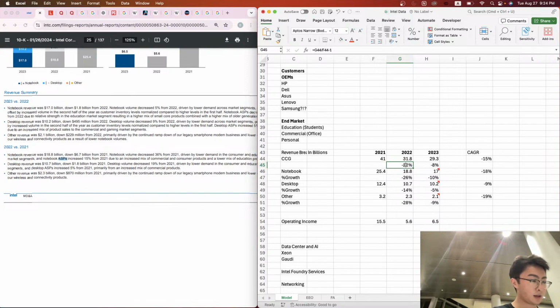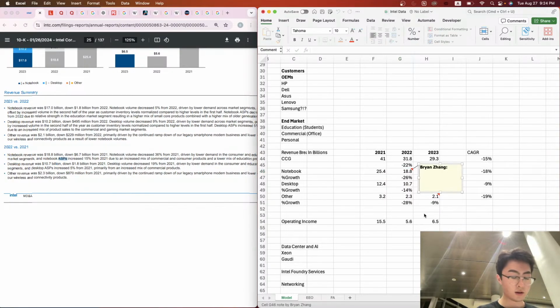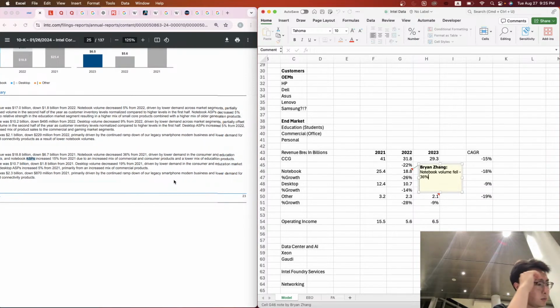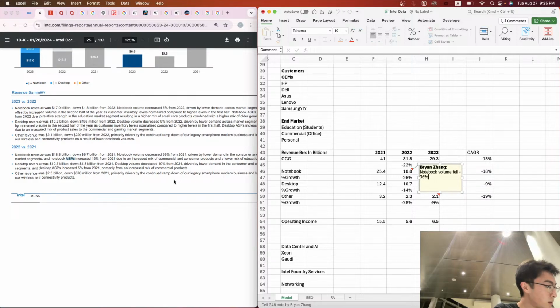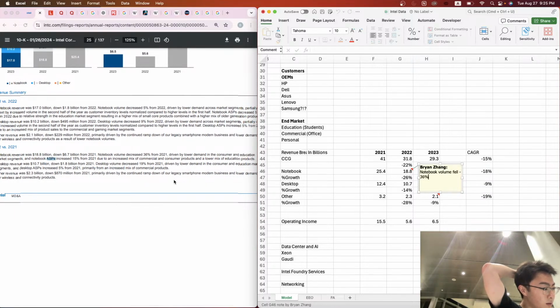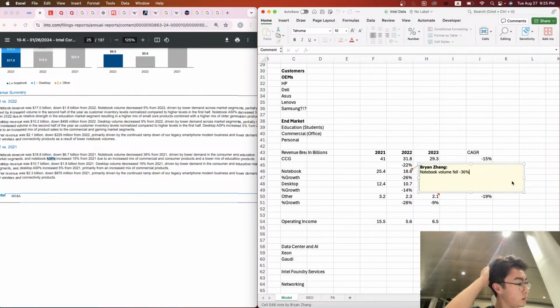Volume decreased by, let me see, so Shift Fn F2, notebook volume fell negative 36%, driven by lower demand in the consumer and education segments.